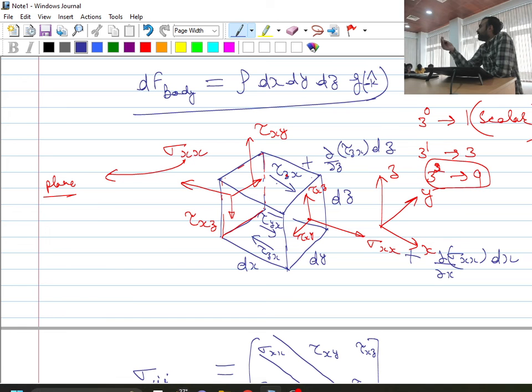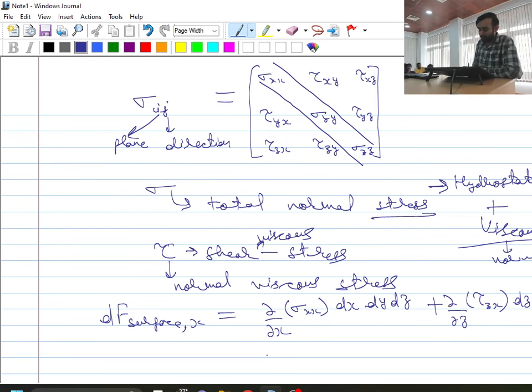At the other end it will be tau yx plus del by del y of tau yx into dy, and the area will be dx times dz. So I have one more term: plus del by del y of tau yx times dy into dx dz.